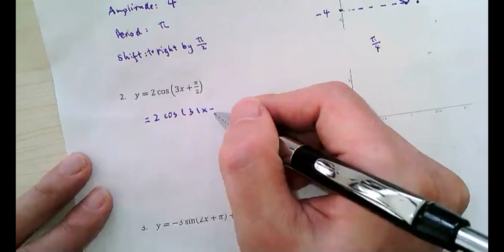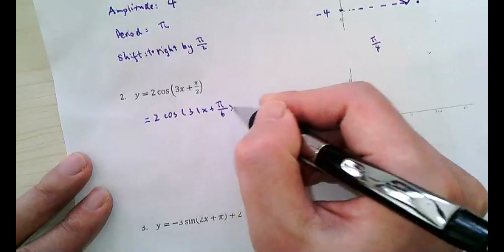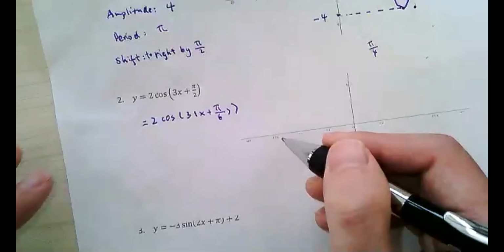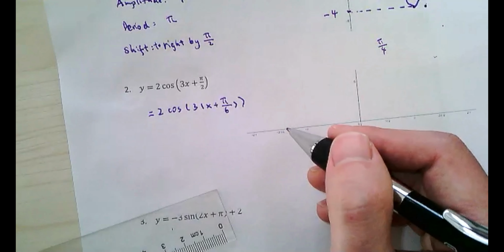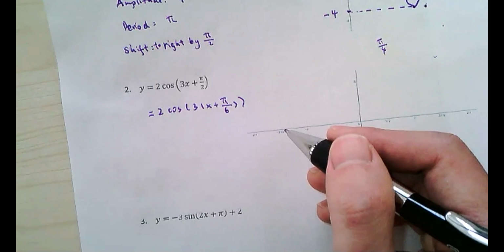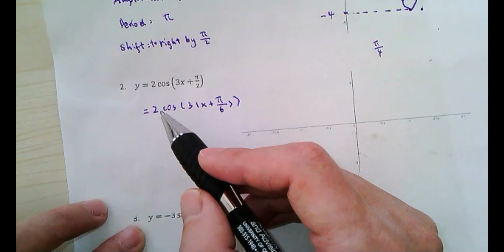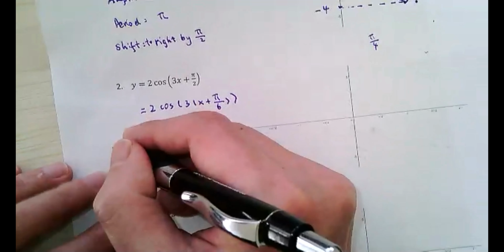If you do such a factorization, see what's inside, you get pi over 6. Again, the amplitude is 2.